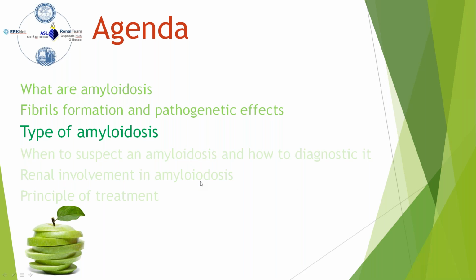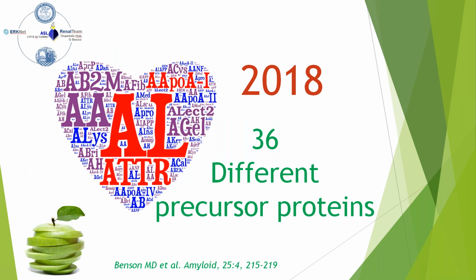In the last slide, I introduced some of the proteins involved in amyloidosis, such as immunoglobulin light chains, amyloid A, or transthyretin. But to date, we know more than 30 different precursors. The last classification of amyloidosis, made in 2018, included 36 different precursors in human amyloidosis. 17 of these are associated with a systemic form of amyloidosis.